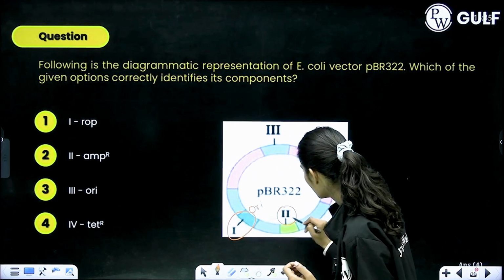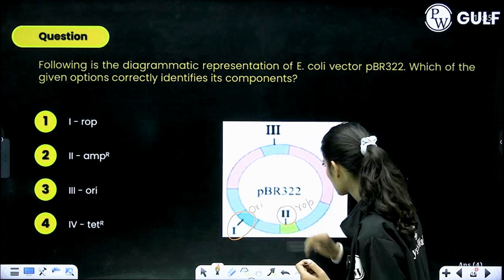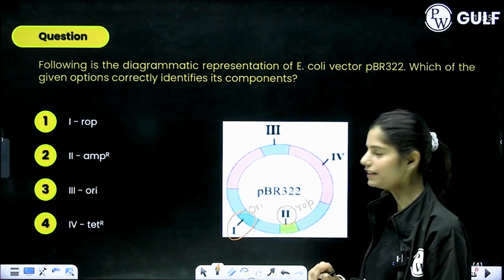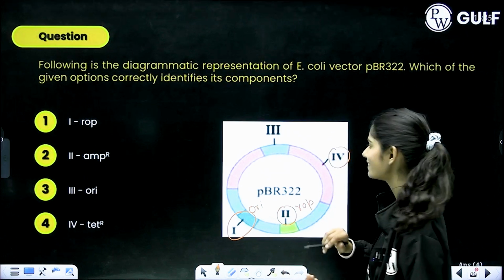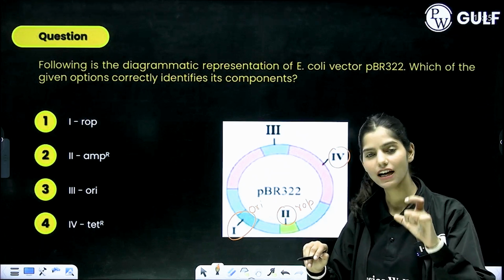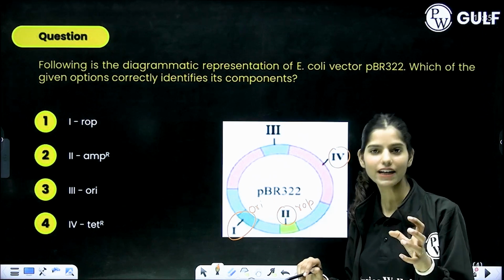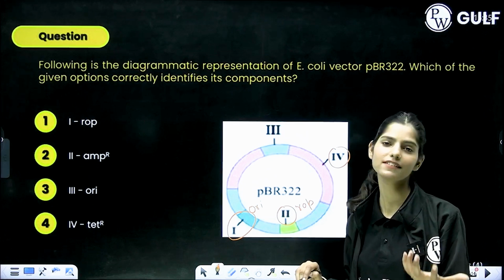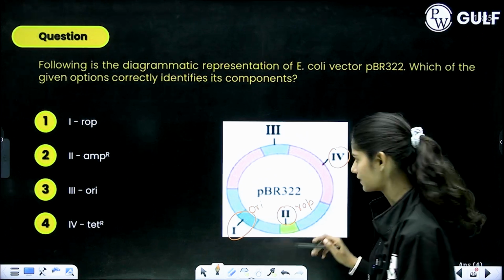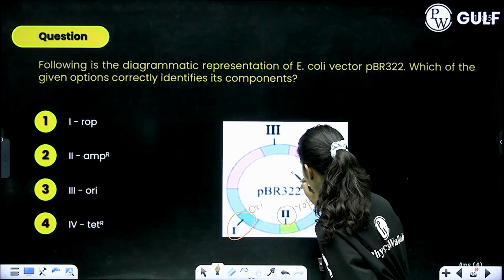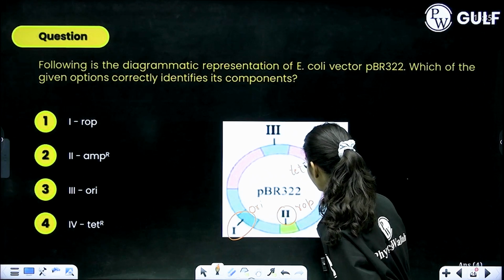Then the second part is the ROP region, which is a repressor of protein. Then we have the fourth region, which shows a gene responsible for giving resistance to the antibiotic tetracycline. So here we have a gene for tetracycline resistance.